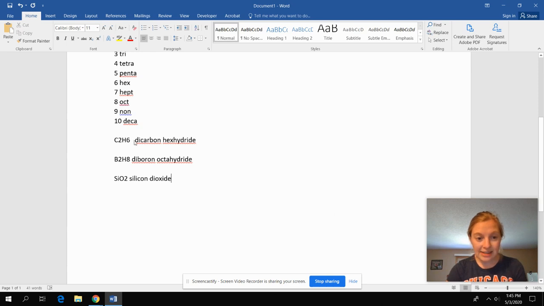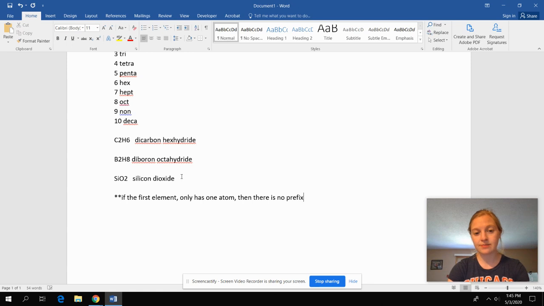This one has di before, this one has di before it, and this one has nothing. Now, why is that? Well, that's a special rule for naming, and the rule is if the first element only has one atom, then there is no prefix.